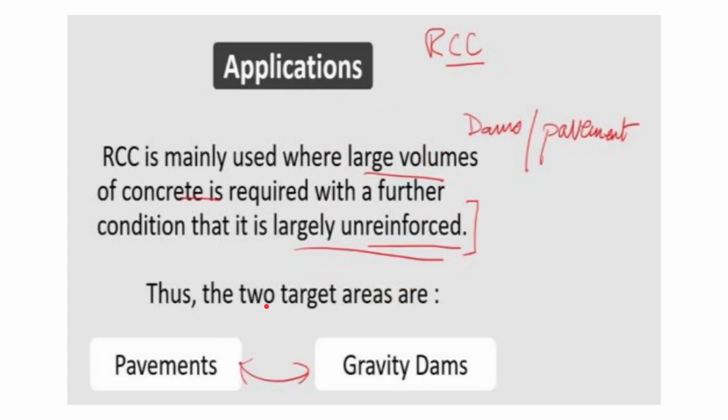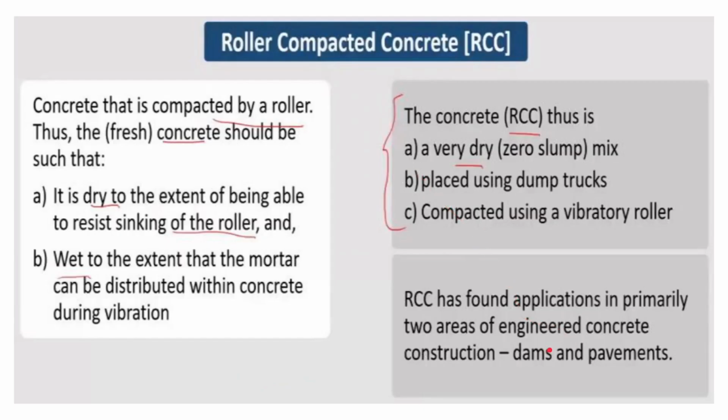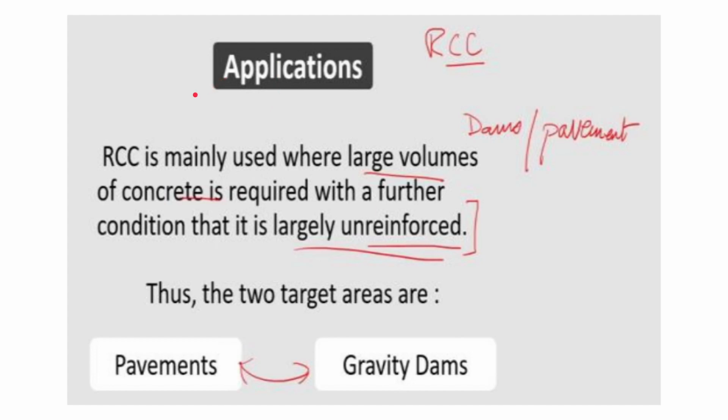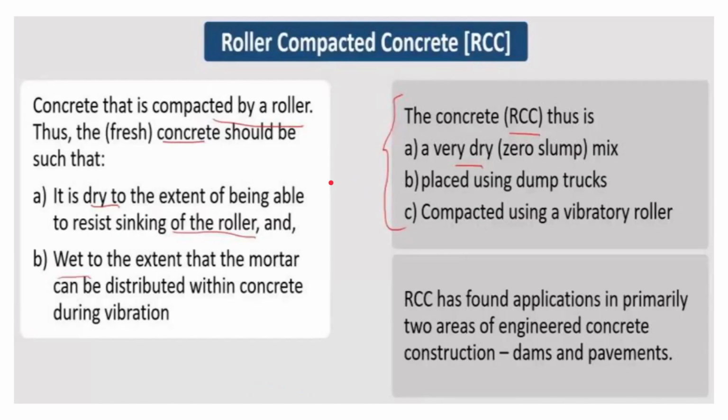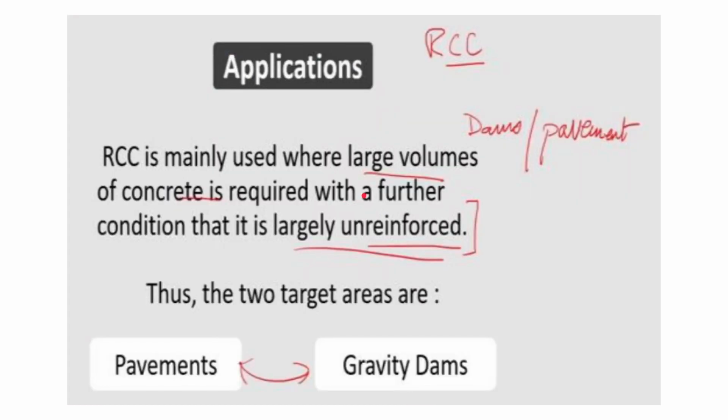So the rigid pavement is nothing but RCC. In applications, RCC is mainly used where large volumes of concrete are required, with a further condition that it is largely unreinforced. So RCC is basically used in unreinforced concrete, and the two applications are, as we discussed, pavements and dams.